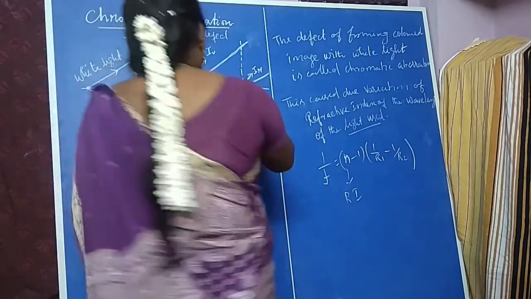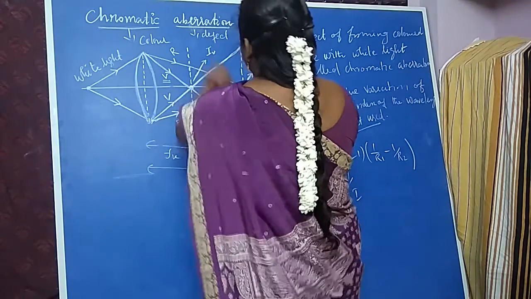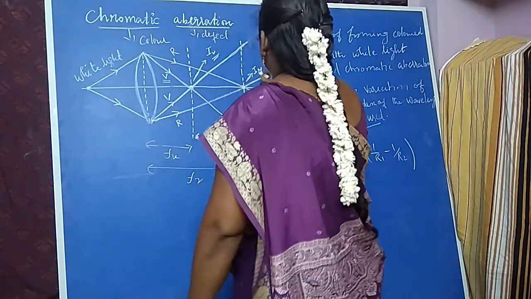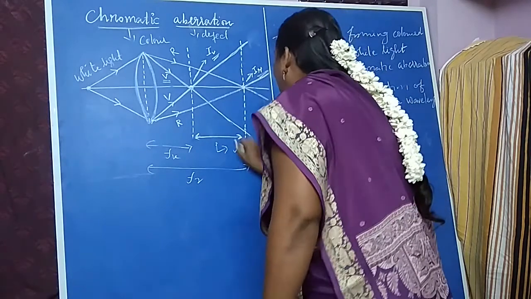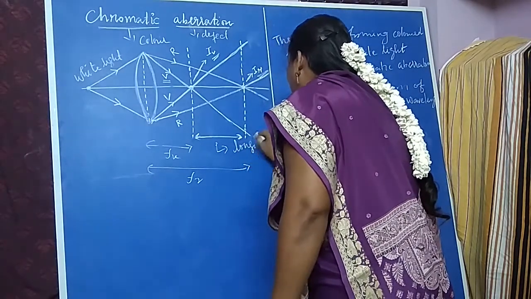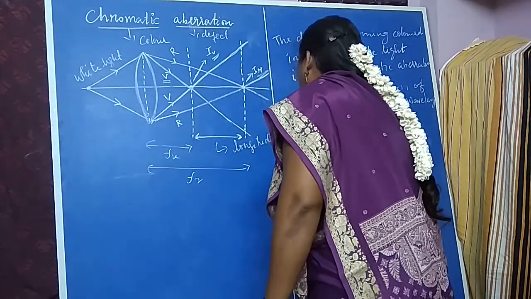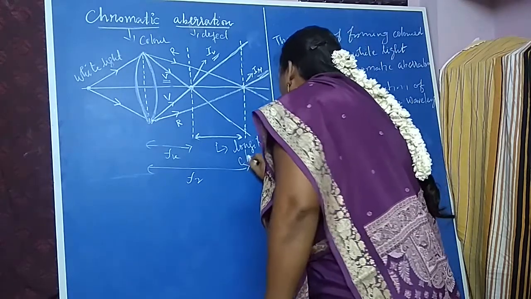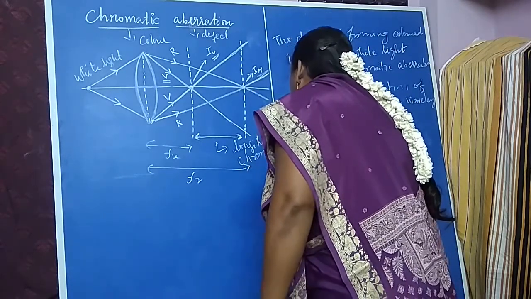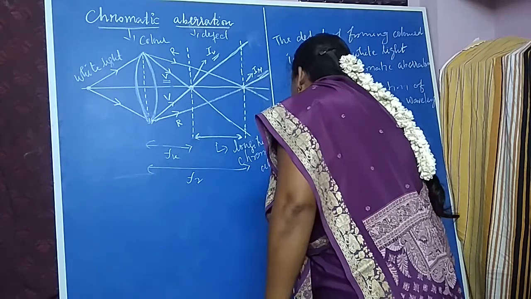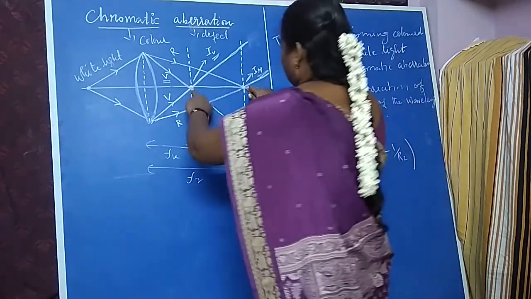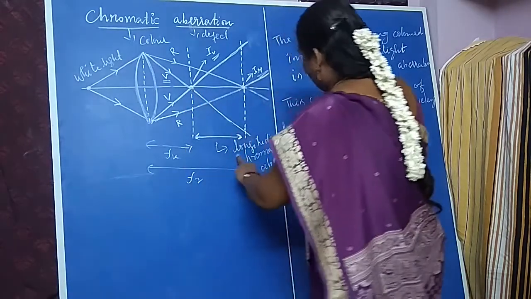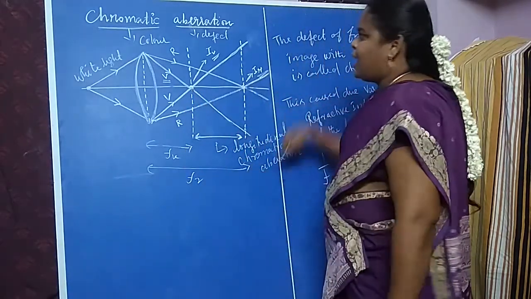The difference between these two images, image due to violet and image due to red color, is called longitudinal chromatic aberration. The distance between these two images will give the longitudinal chromatic aberration.